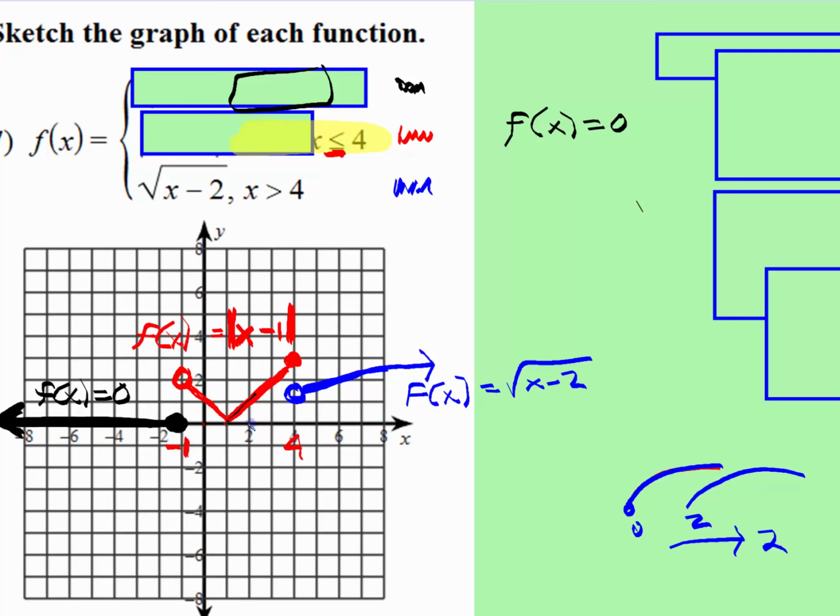It would have started here, and the graph would have looked like this. However, this tells us the only part that we care about, so you look up where x is 4, and you go up, put a hollow dot, and go ahead and do the graph, and then this other piece, you just erase. There you go. That is a piecewise function.